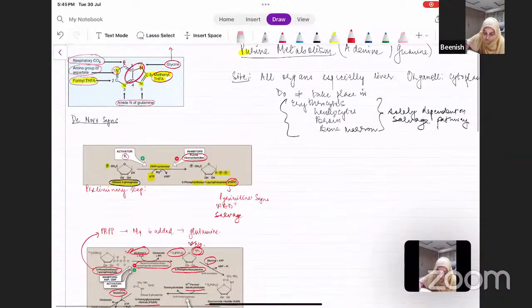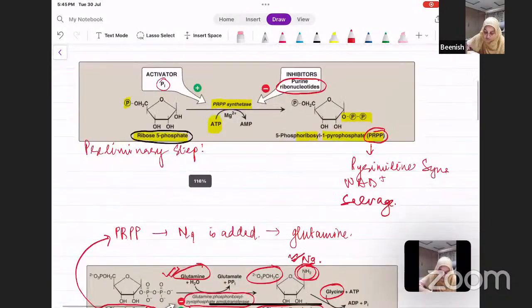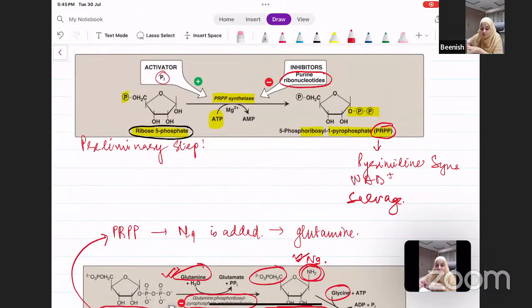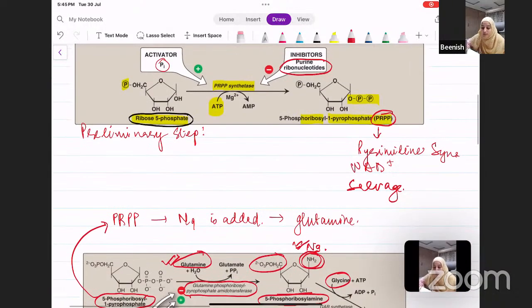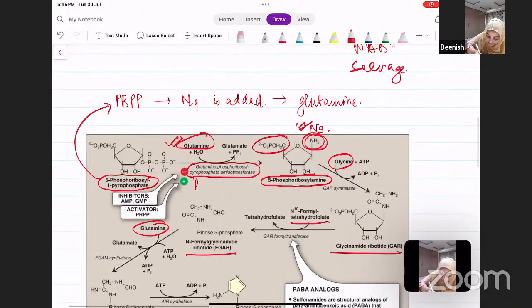That is de novo synthesis for you. In de novo synthesis, you're beginning with ribose 5-phosphate. On this ribose 5-phosphate, you are adding at the first position a pyrophosphate by PRPP synthetase, and you end up with PRPP. Now to this PRPP, the nitrogen 9 is going to be added. The contributor is glutamine. This is the rate limiting step, rate limiting and also the committed step.